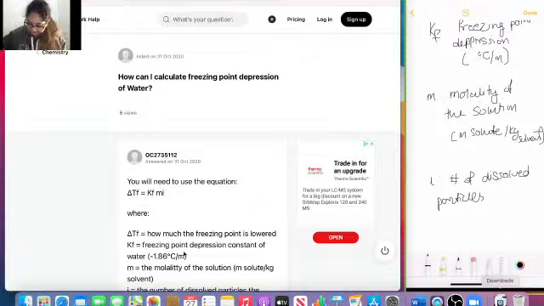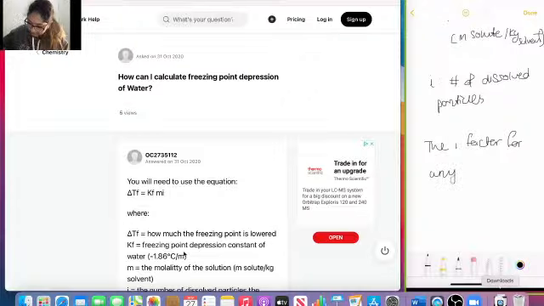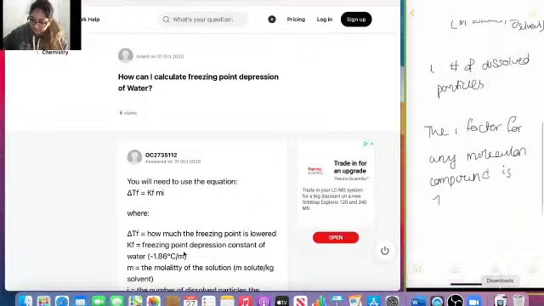The I factor for any molecular compound is 1, unless told otherwise. So if they've given that for the molecular compound the I factor is 2, you would have to use 2, but usually if it's not given, you assume it's 1.